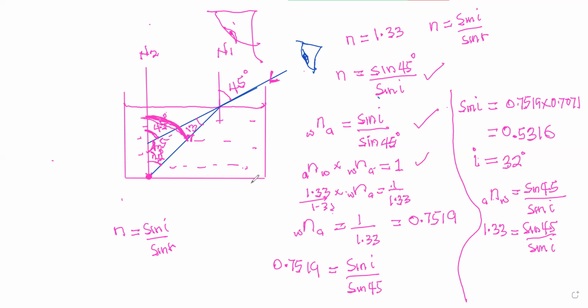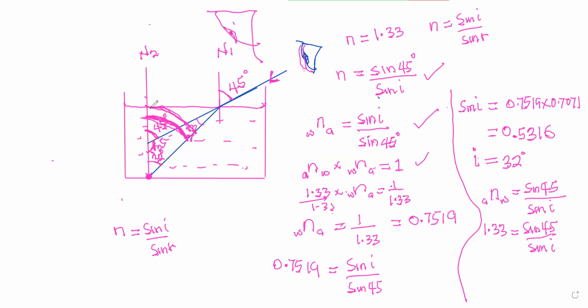So the actual inclination will be 58 degrees. Don't forget what is given to you as 45 is the apparent inclination where the image appears to be. But if you are looking for the actual, it should be from the surface to the actual where the stick does not bend.